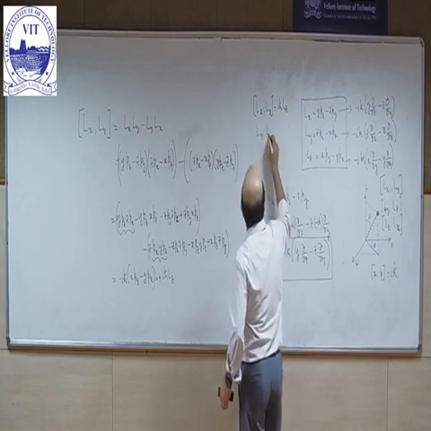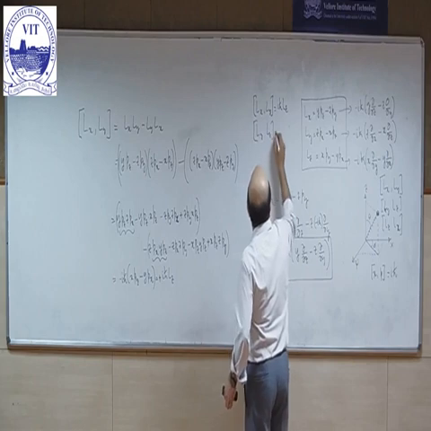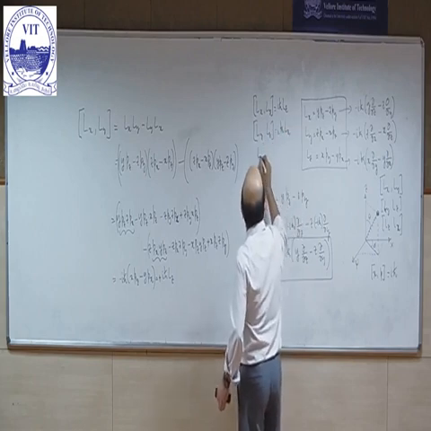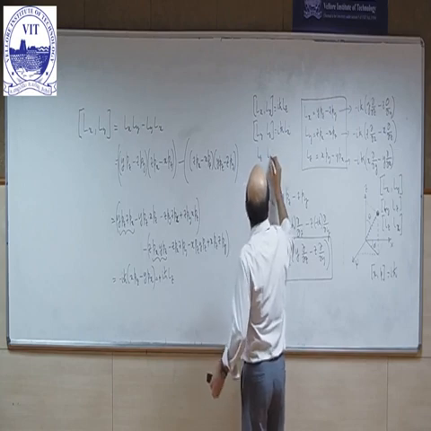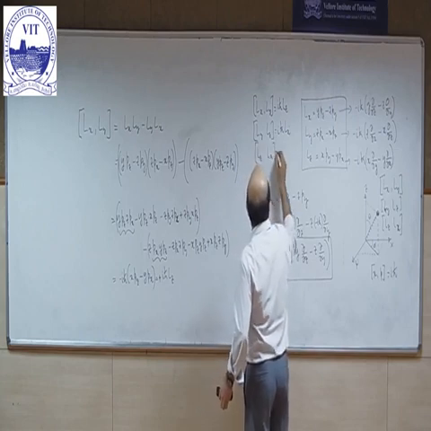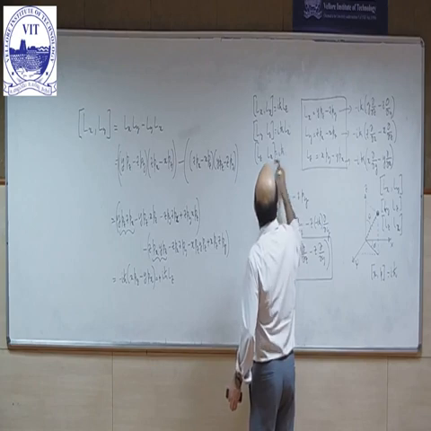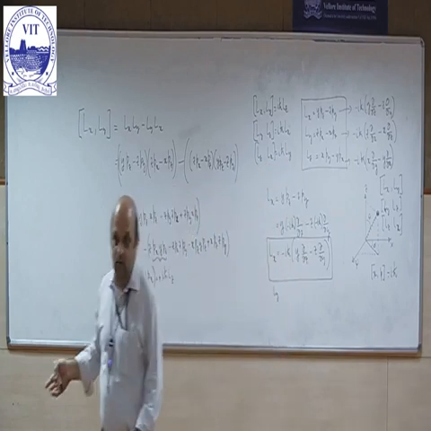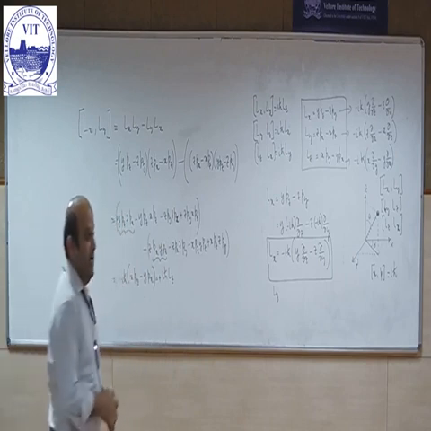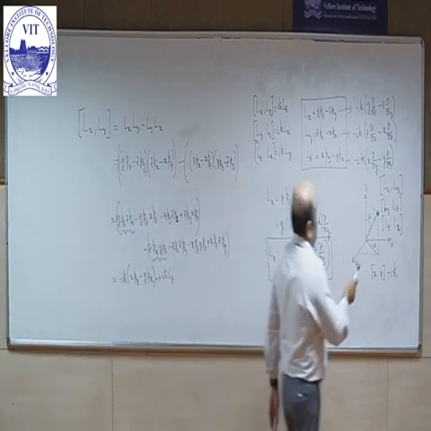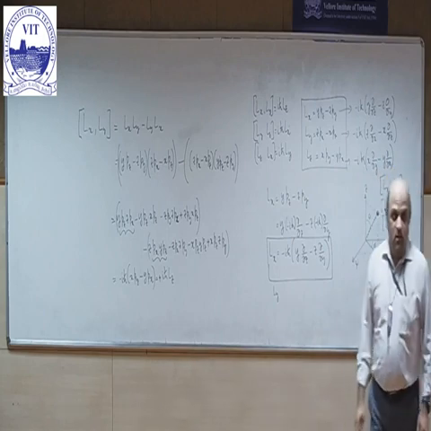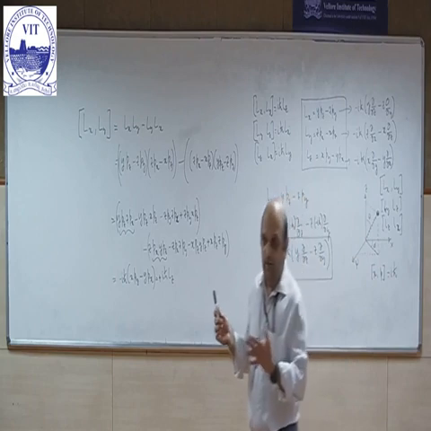Similarly, Ly, Lz will give you iħ Lx, and Lz and Lx, the commutator relation, is iħ Ly. So obviously it tells you that it is not zero. That means you will never be able to get the values of Lx, Ly, and Lz simultaneously. You have to do separate measurements.